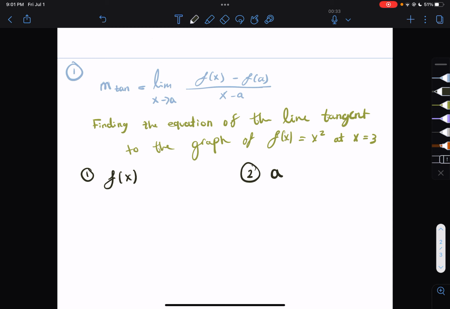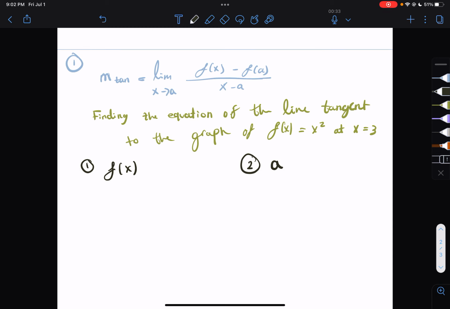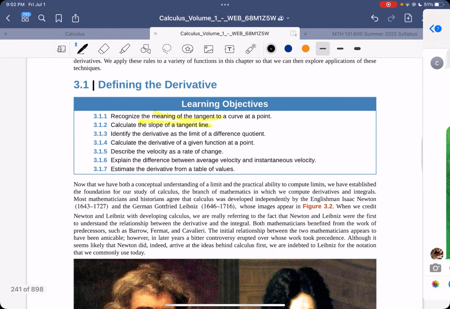So in this case, f of x is going to be the following.